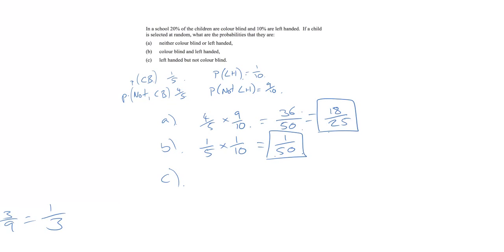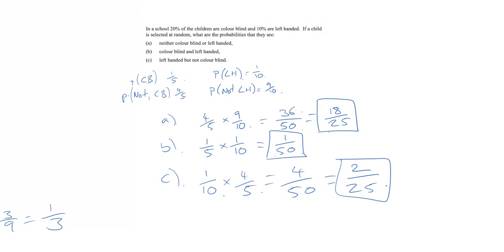So left-handed is 1 out of 10. But not colorblind is 4 out of 5. So we've got to do 1 over 10 multiplied by 4 over 5. This is going to be 4 out of 50, which can be simplified down to 2 out of 25.